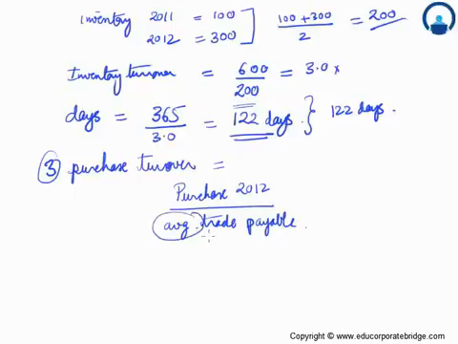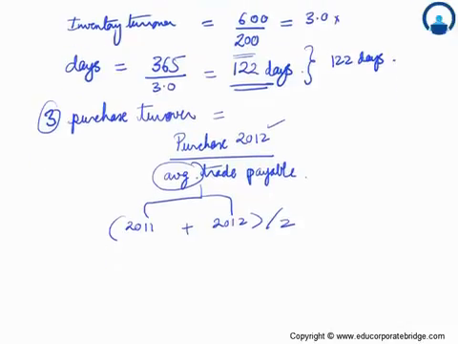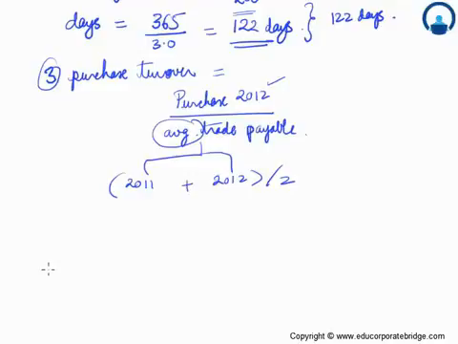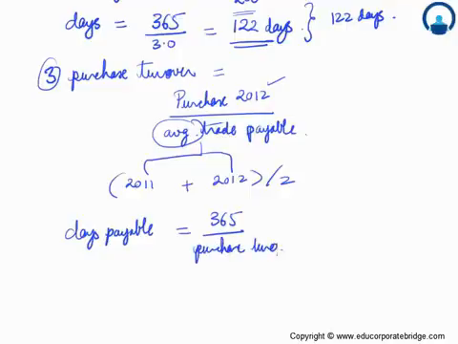Since the word average is used, if we take this example of 2012 purchases, you will need to use 2011 and 2012 trade payables, add this up and divide by 2 to find the average. Once you have found the purchase turnover, you can calculate the number of days payable. Days payable will be calculated as 365 divided by your purchase turnover.